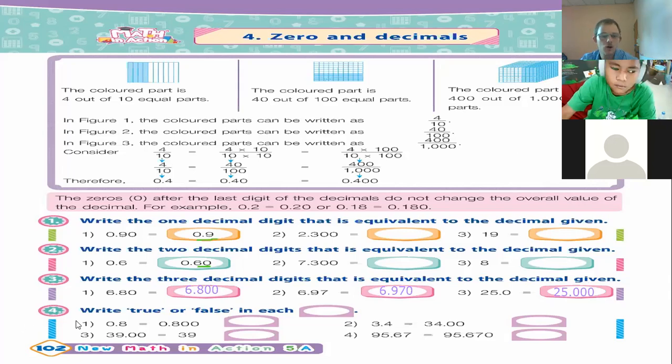Okay. Let's look at the bottom. Now I want you guys to answer these questions because I don't want to talk all day. Write true or false in each. Number 1. Is it true or false?